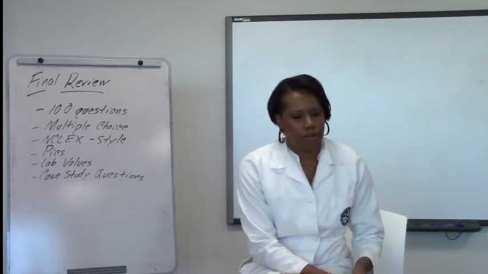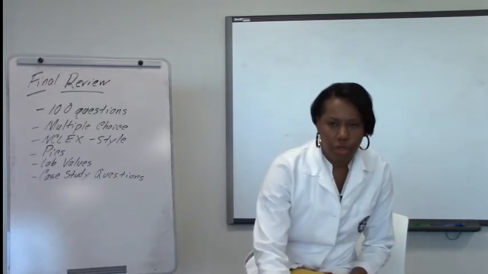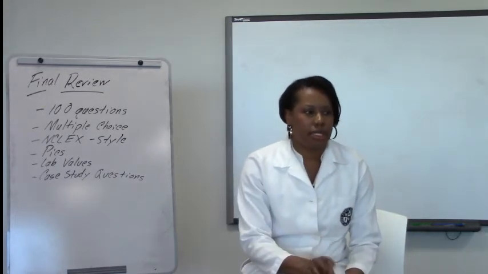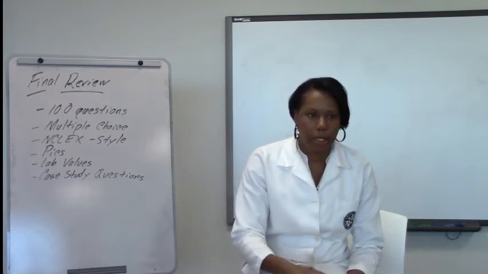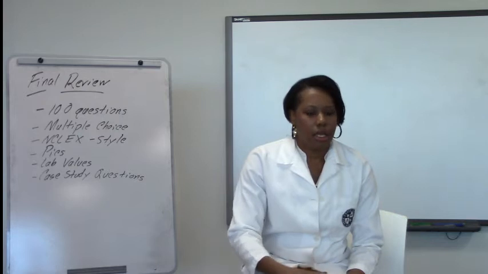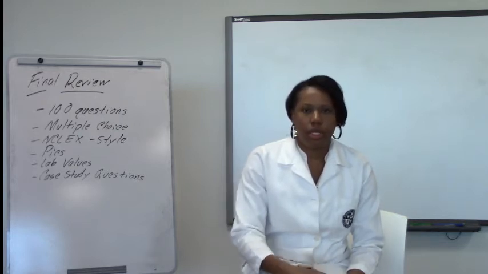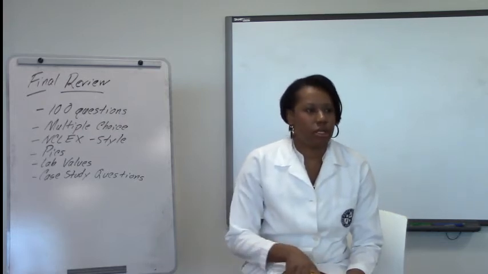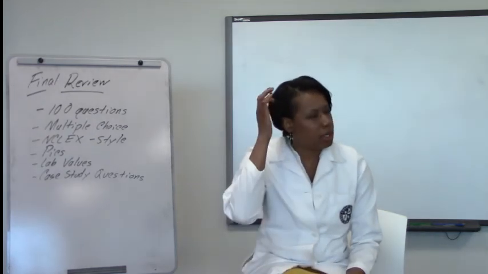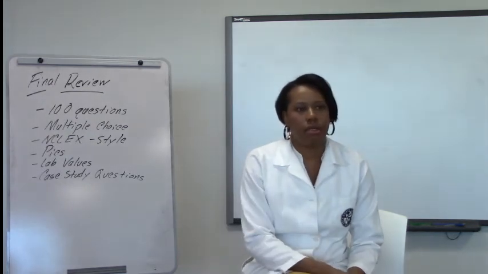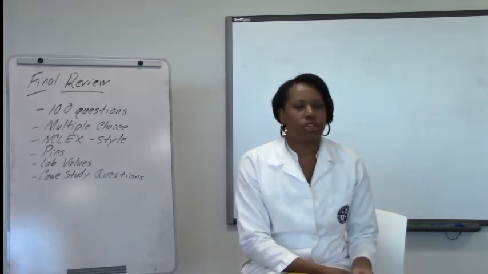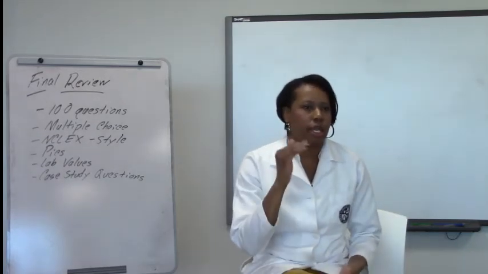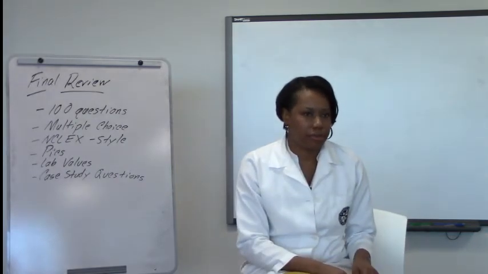What else? Make sure you also know the 3 different types of testing. And also make sure you know the 3 categories. So remember, we have category 1, 2, and 3, and the CD4 counts that are associated with those. And make sure you know the diseases that are associated with those categories.